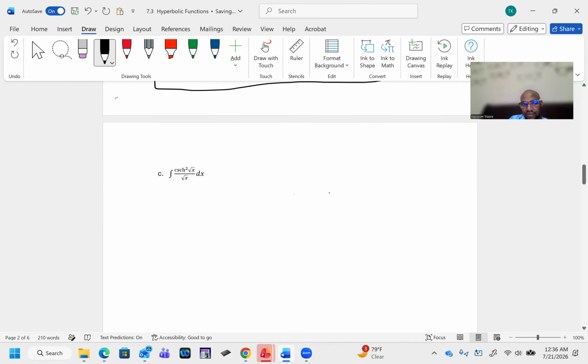So now to find the integral of hyperbolic cosecant squared of square root of x divided by square root of x dx. As you know, there is no quotient rule or product rule in solving an integral. So we have to use substitution. So I would just say right here, let u be equal to square root of x.